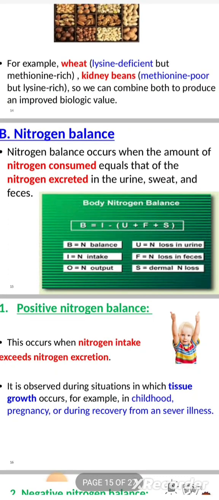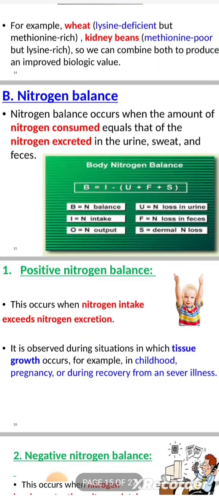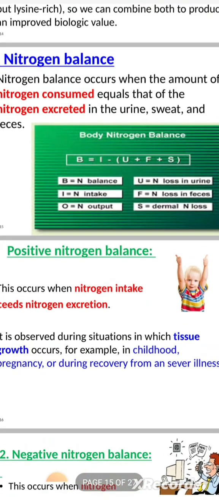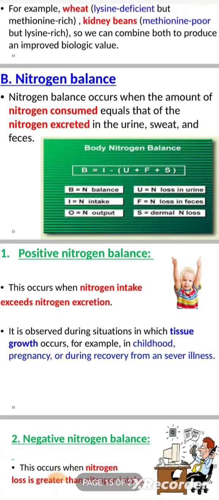That's the balance: consumed equals excreted. Nitrogen is excreted in the urine, sweat, and feces. That's just an equation: protein balance equals intake minus excretion.